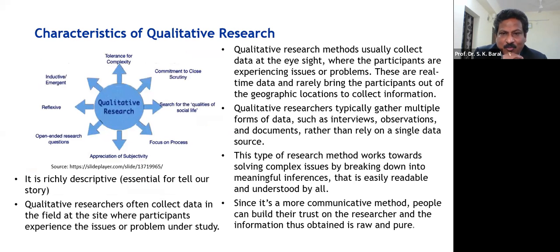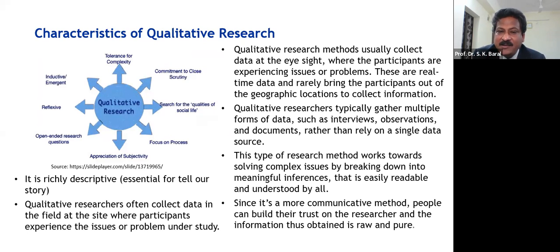And whenever we talk about the characteristics of qualitative research, it is stated that qualitative research methods usually collect data at the site where the participants are experiencing issues or problems.